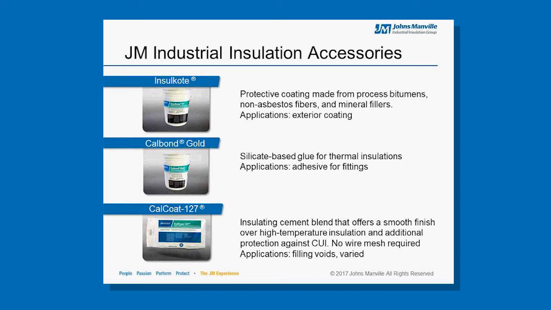Calcoat 127 is an insulating cement blend that offers excellent thermal properties. This is good for filling voids, making sure that the system is completely encapsulated in order to provide consistent thermal properties within your insulation system.